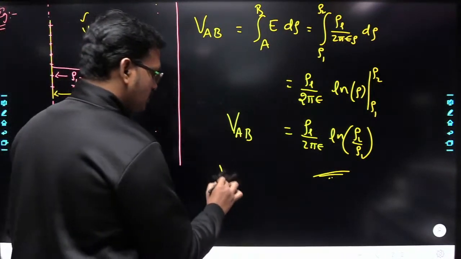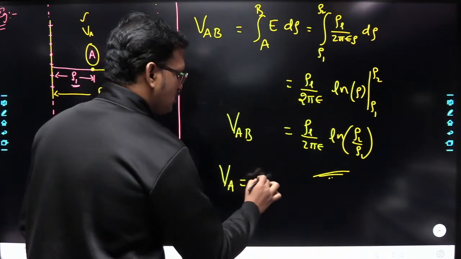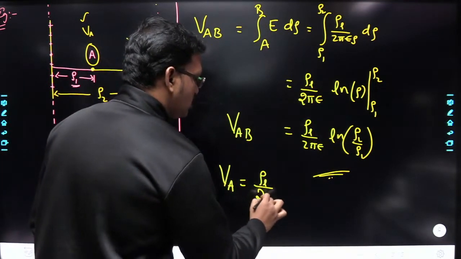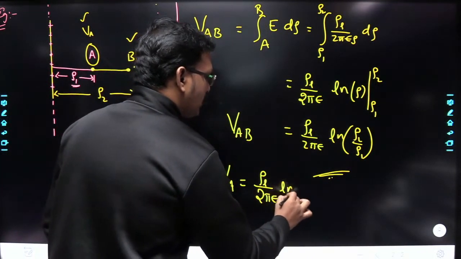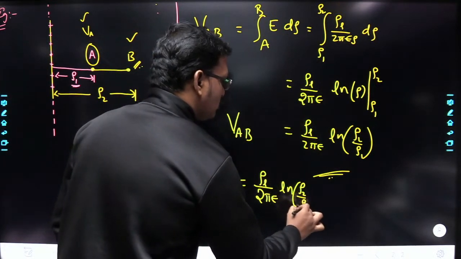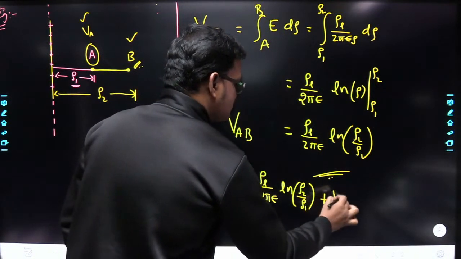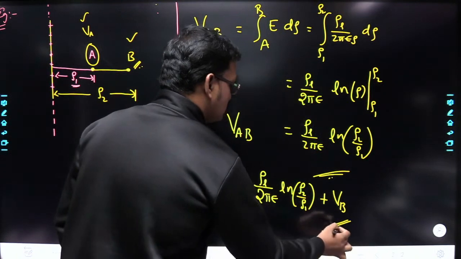So if you want the potential at A, that is equal to rho L by 2 pi epsilon into ln of rho 2 by rho 1 plus VB.